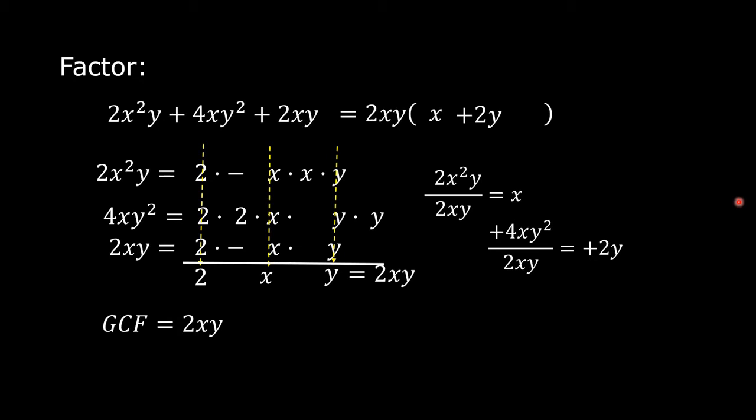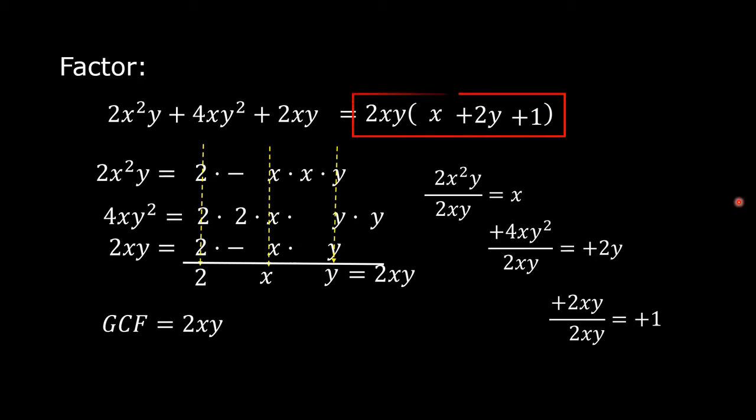Write positive 2y. And then positive 2xy divided by 2xy is equal to positive 1, right? Positive 1. So the answer is 2xy times the quantity x plus 2y plus 1.